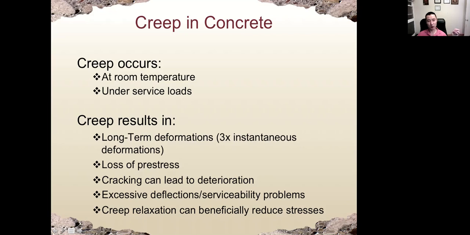It may also cause loss of prestress in prestressed concrete. Cracking can lead to more deterioration, increasing the size of cracks. And too much deflection could cause some serviceability problems.